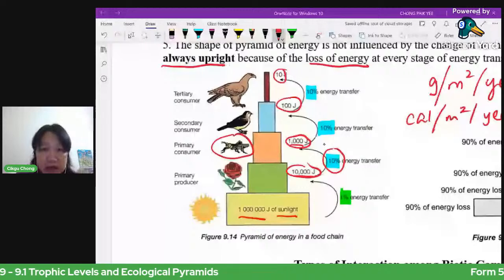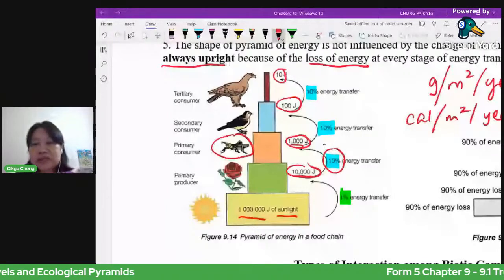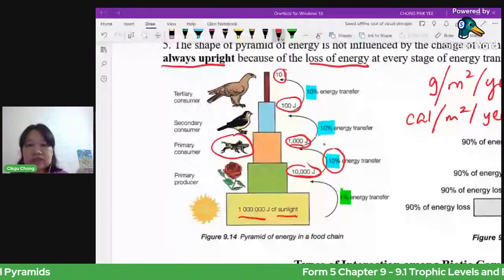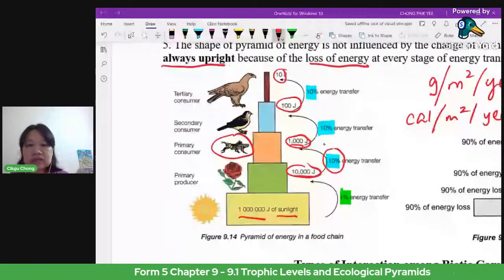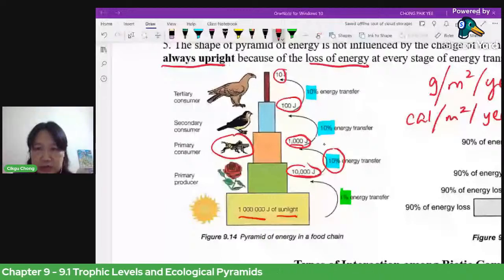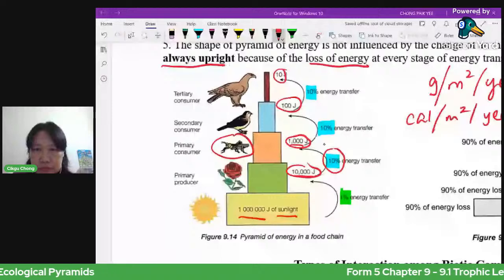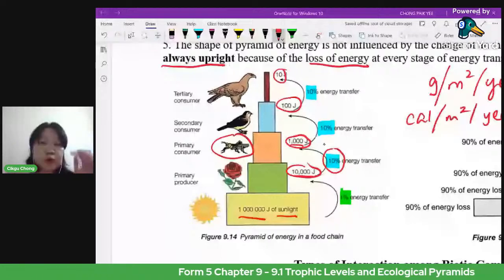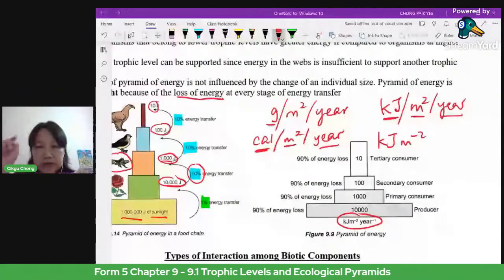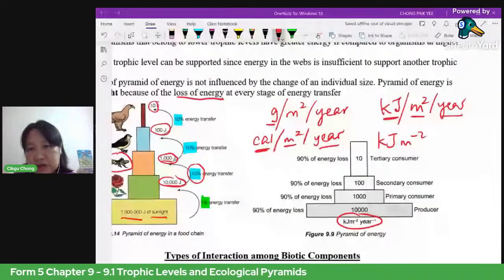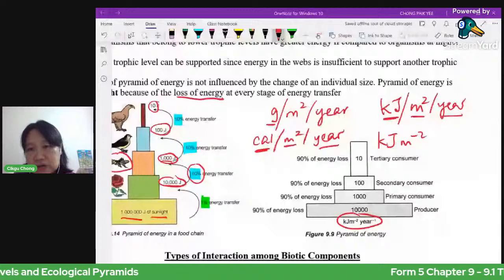So this is the unit for pyramid of energy: kilojoule per meter square per year. The minus one means that when you write in physics, all the units at the bottom you bring up and put negative, so meter square is negative and year is also negative one.